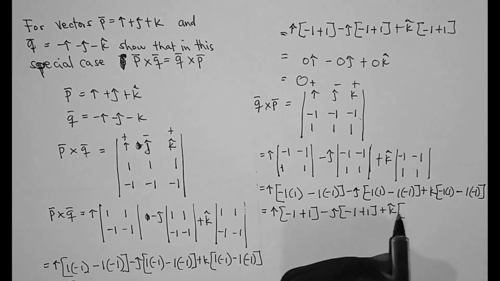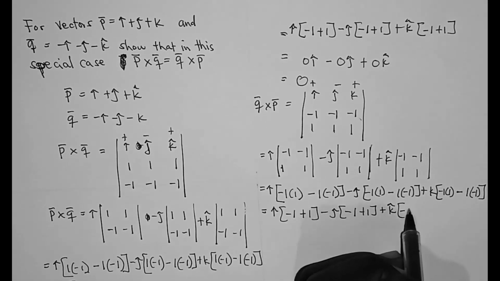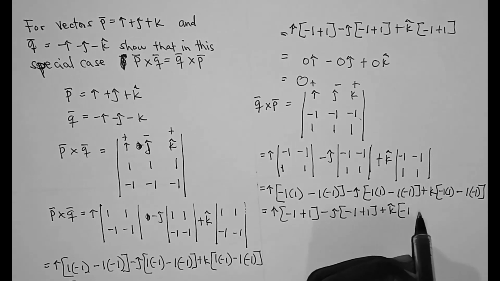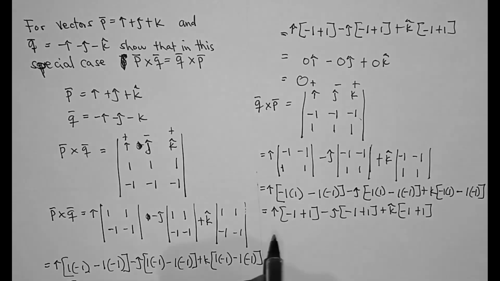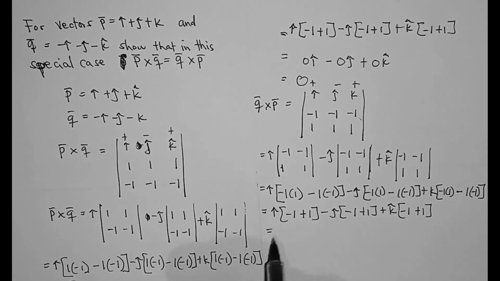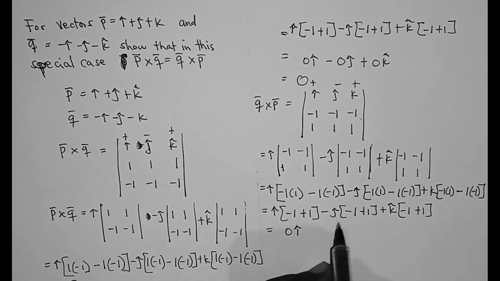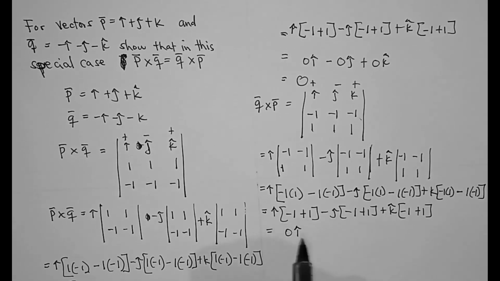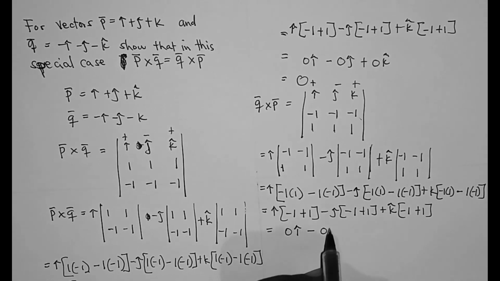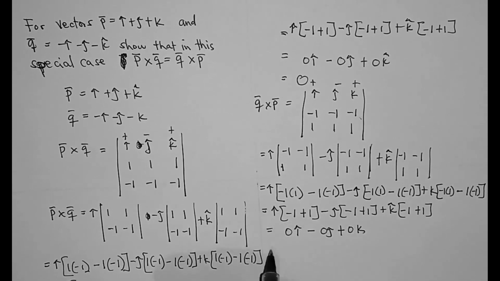Minus 1 times 1 is minus 1. Minus 1 times minus 1 is plus 1. So this becomes minus 1 plus 1 is 0i. Then minus 1 plus 1 minus 0j. Minus 1 plus 1 plus 0k, which is equal to 0.